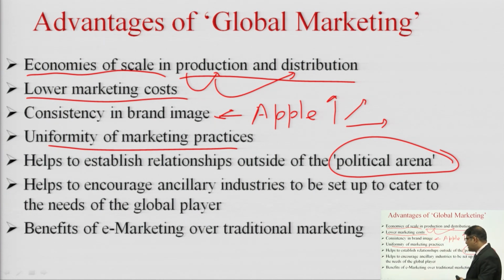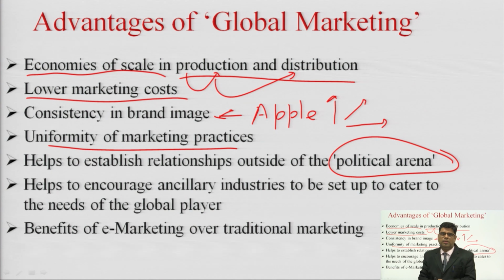It helps to establish relationships, and in the process of global marketing, the organization establishes relationships with the governments of various countries, and it moves outside its own political arena. So, in a way, that horizon is greatly expanded.